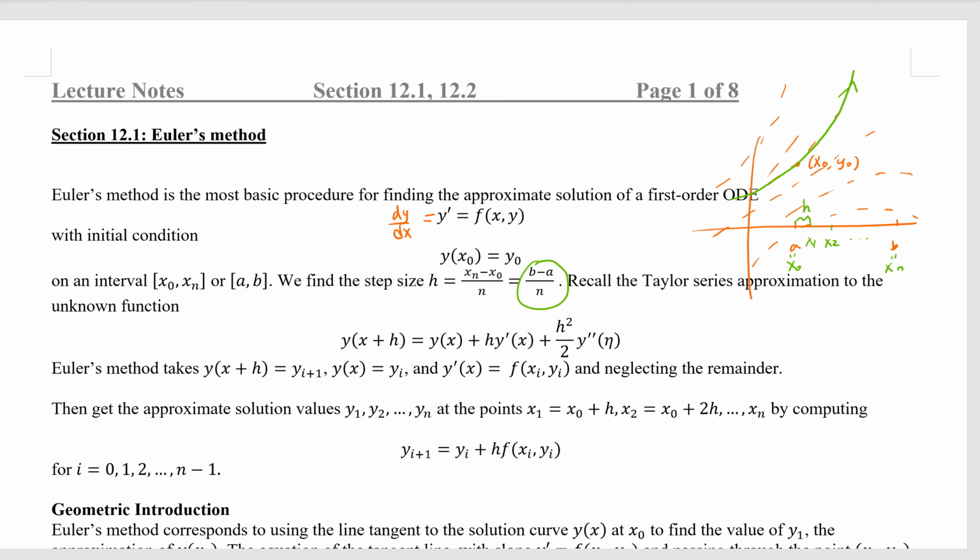We have y of x plus h equals y of x plus h times y prime of x plus h squared over 2 times y double prime of eta, where eta is between x and x plus h. Okay? So in this case, Euler's method, this is our approximation.